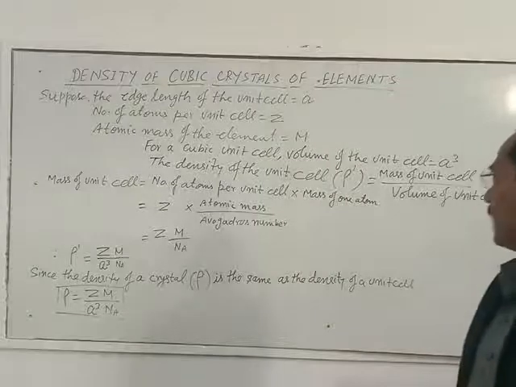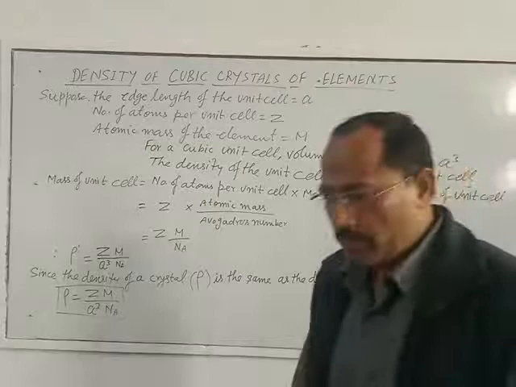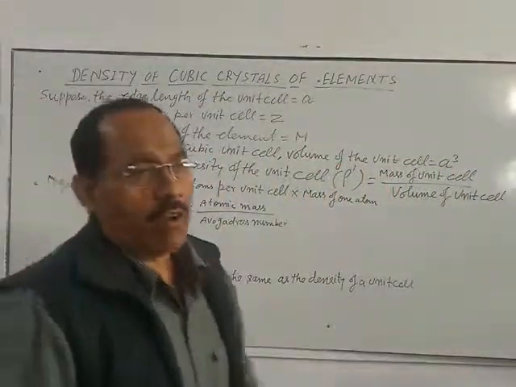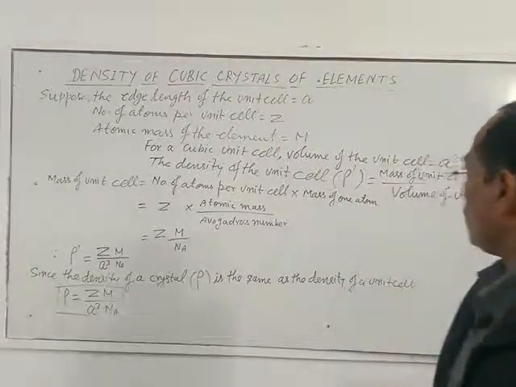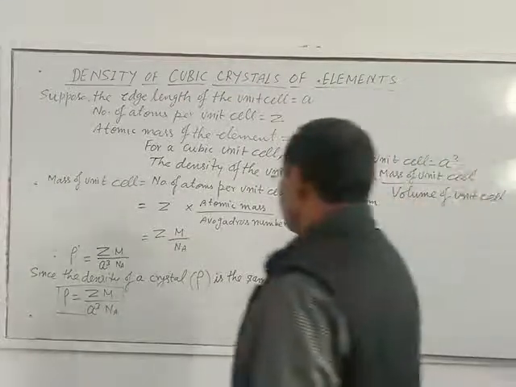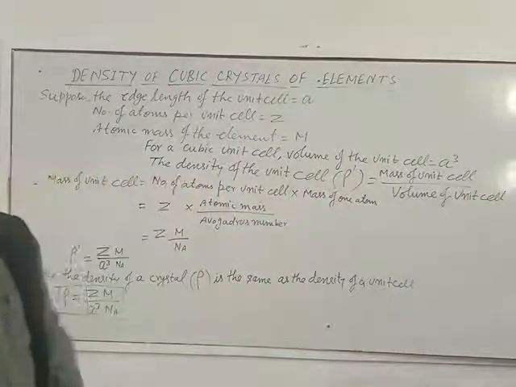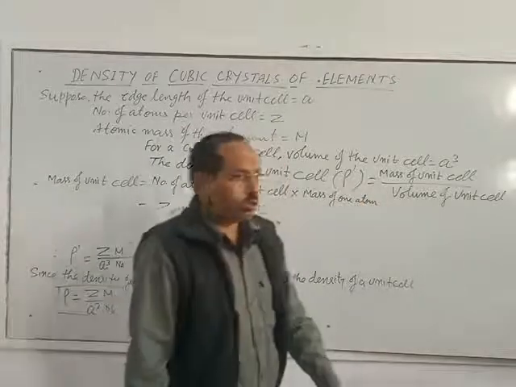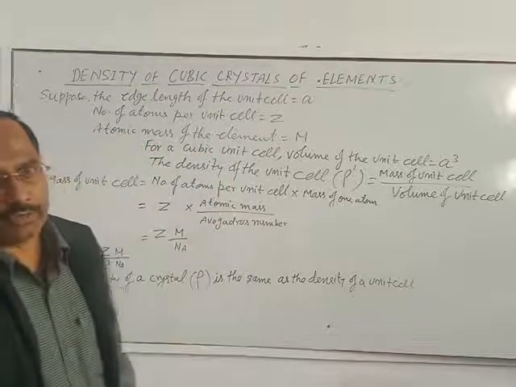For a cubic unit cell, volume of the unit cell equal to a cube. In case of cubic unit cell, all the sides are equal. So the volume of unit cell is equal to a cube. Therefore, the density of the unit cell, rho dash, is equal to mass of unit cell upon volume of unit cell.